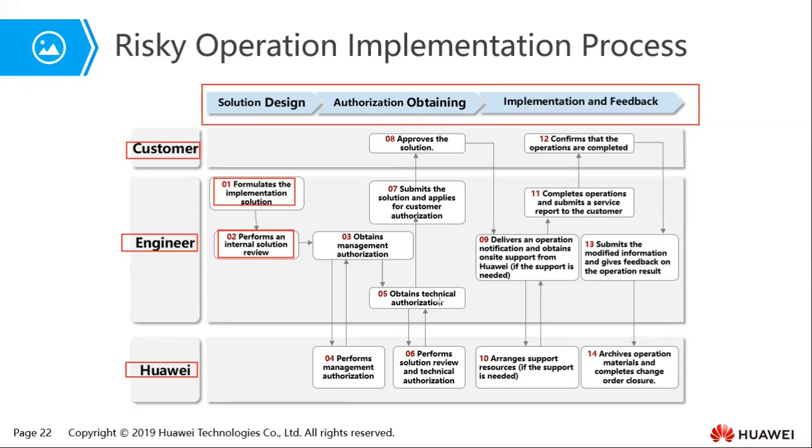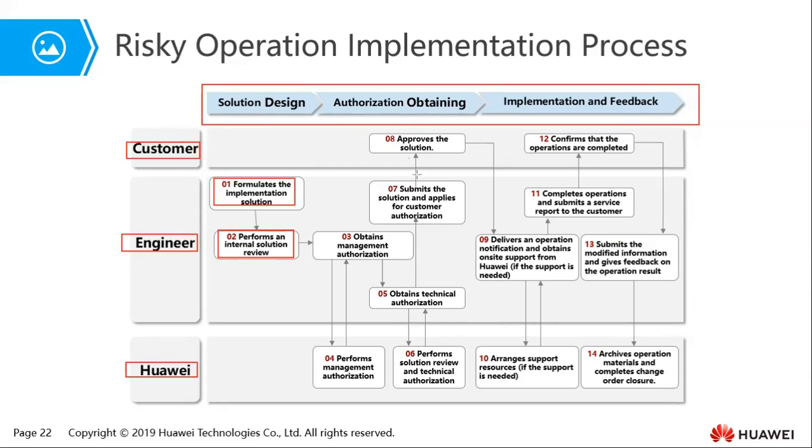Number 5, you need to obtain technical authorization. Normally the engineers contact Huawei, who will then perform the solution review and also perform technical authorization if it's feasible. Then the engineers will submit the solution and apply for customer authorization.